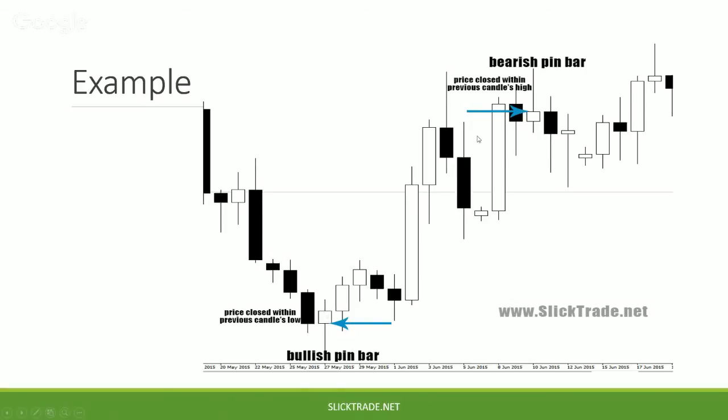Now here, we have a bearish pin bar, and here's the previous candle. Now, price closed right here within the previous candle's high. So those are both valid pin bars for what you have learned so far.